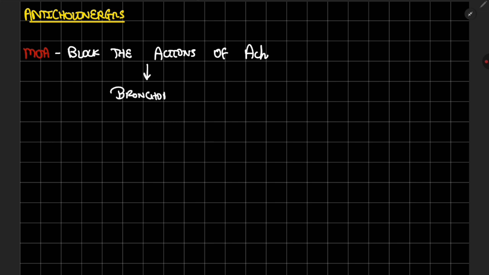Now starting anticholinergics. What will be the mechanism of anticholinergics? It will block the actions of acetylcholine, which will cause bronchodilation.